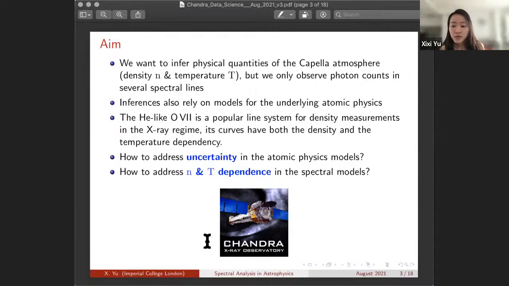However, information about the physical properties of astrophysical objects cannot be measured directly, but needs to be inferred by interpreting the spectroscopic observations in the context of atomic physics calculations. So a critical component of this analysis is understanding how uncertainties in the underlying atomic physics propagate to the uncertainties in the inferred plasma parameters.